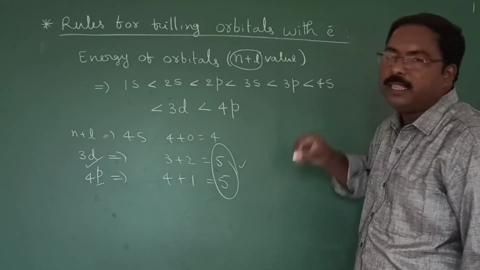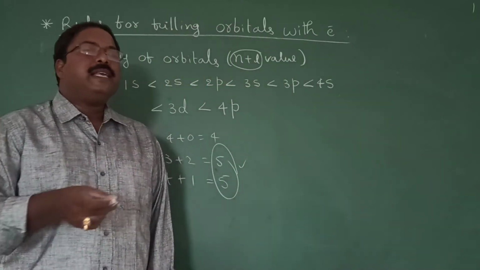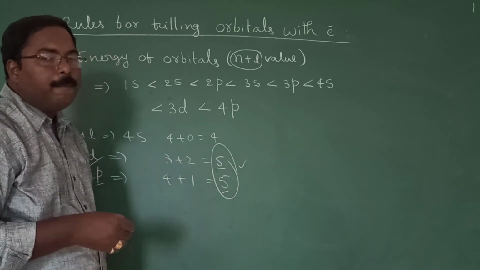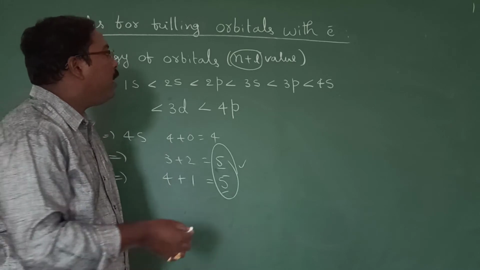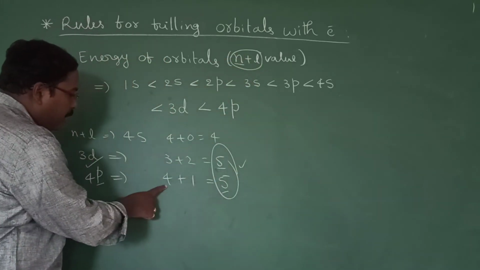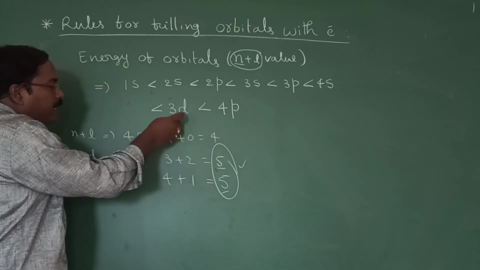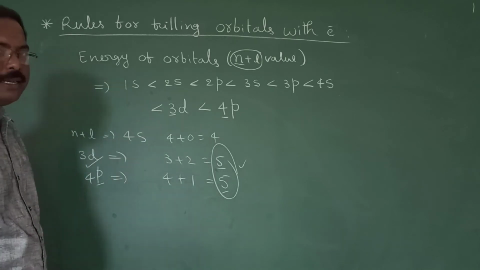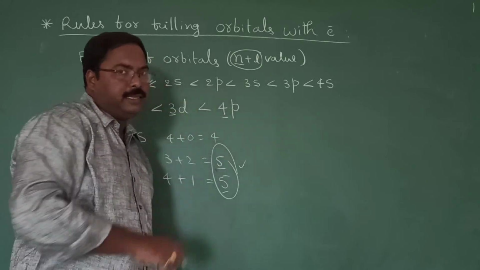You wrote it clearly in the notes also. When the n plus l value is the same, in such cases the energy of the orbital depends only on the n value. Higher the n value, higher will be the energy. Lower the n value, lower will be the energy. That is why I wrote the order like this.